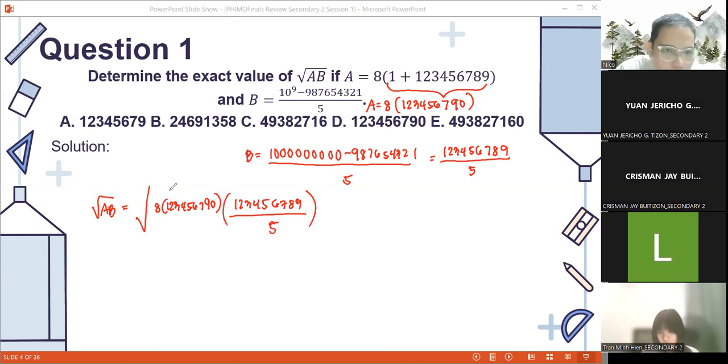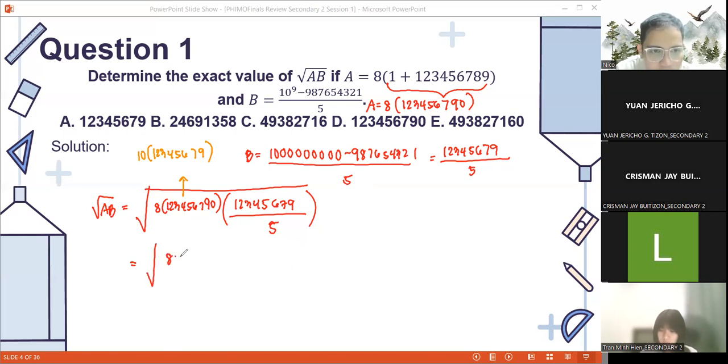We can write 1,234,567,890 as 10 times 123,456,789. So we rewrite it as the square root of 8 times 10 times 123,456,789 times 123,456,789 over 5.